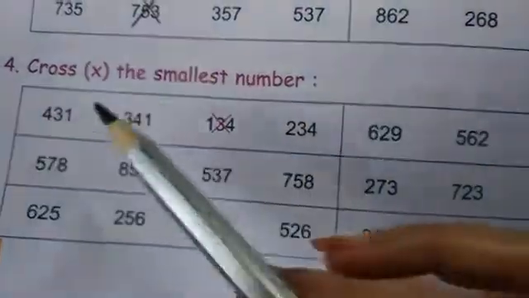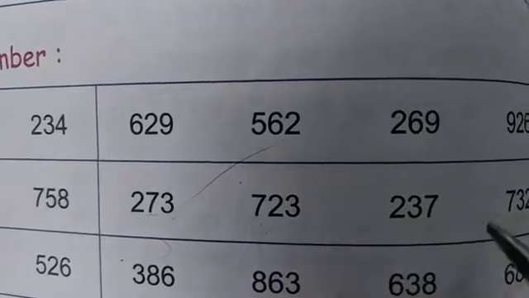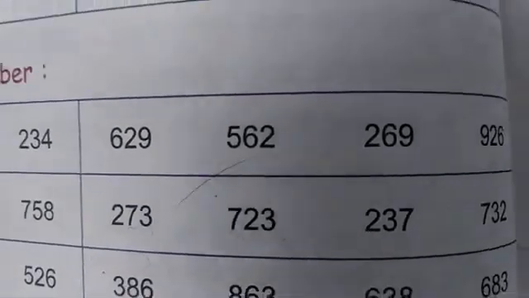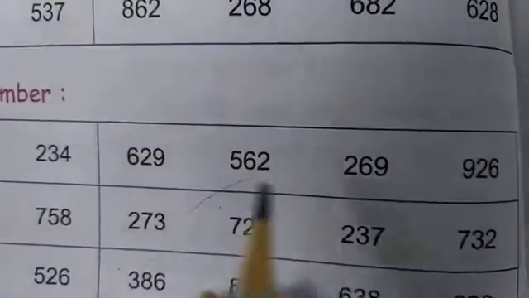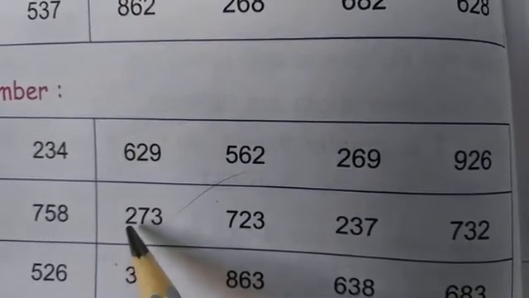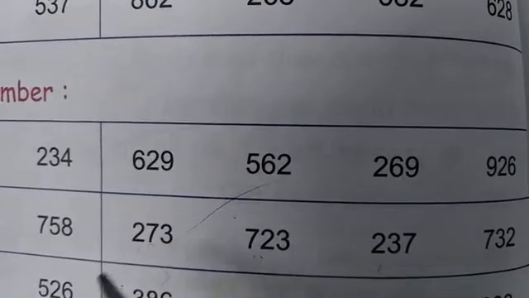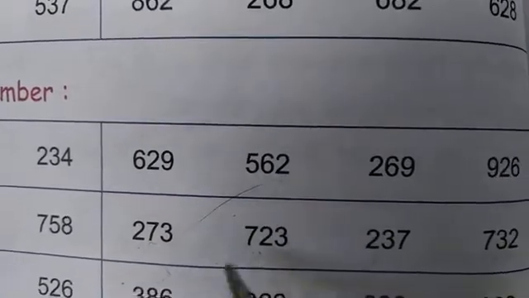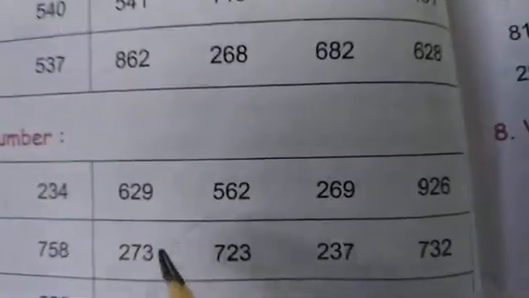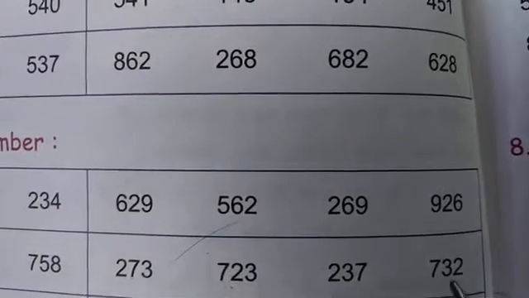Here, cross the smallest number. Here you can see 273, 723, 237 and 732 are the numbers. The hundreds digits are 2, then 7, then again 2 and 7. So 2 is less than 7. Now 723 and 732, here the first digits are the same.